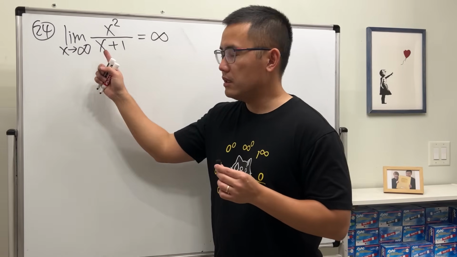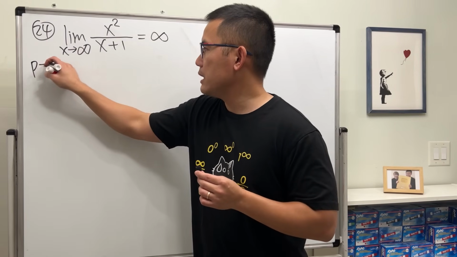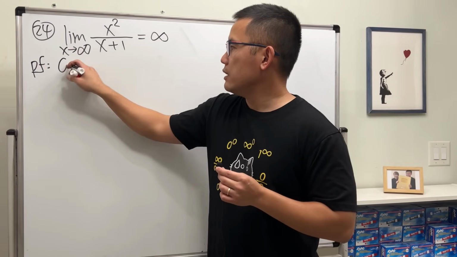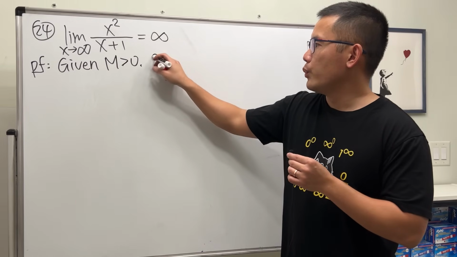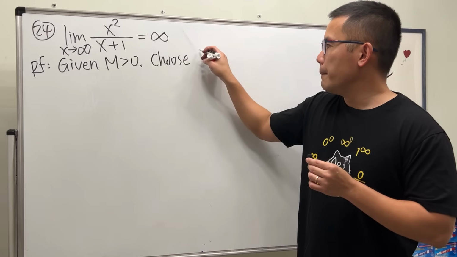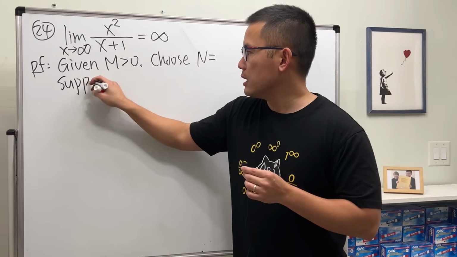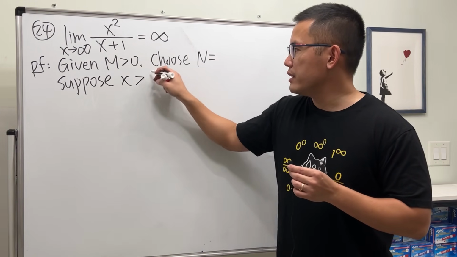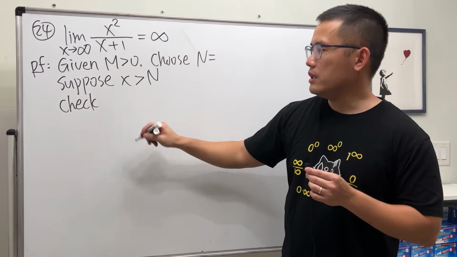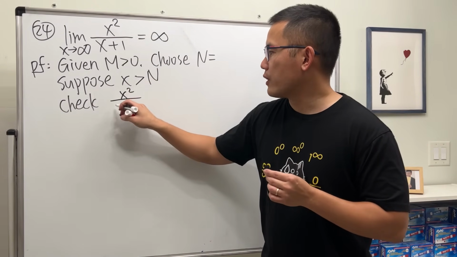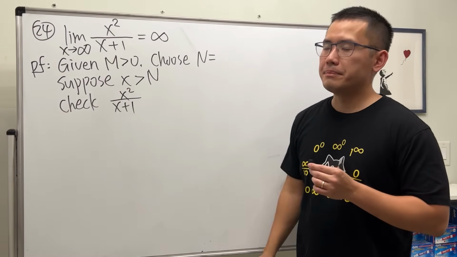All right, infinity, use M. This infinity tells you to use N. So proof: given big M greater than 0, we are going to choose big N to be something. Suppose x is greater than big N, then we are going to check our function x squared over x plus 1 is bigger than big M.